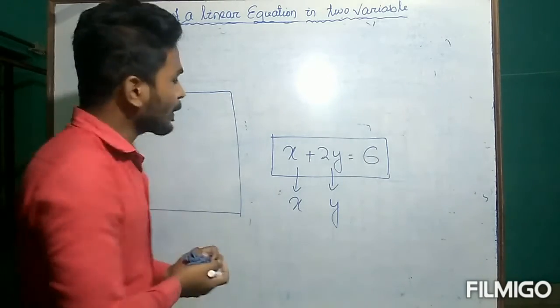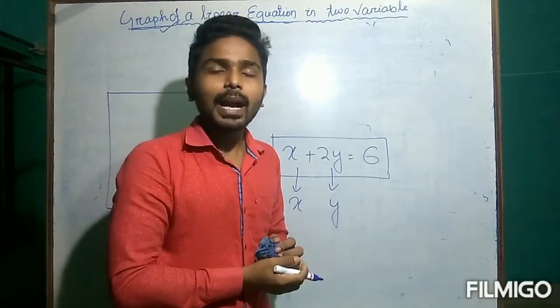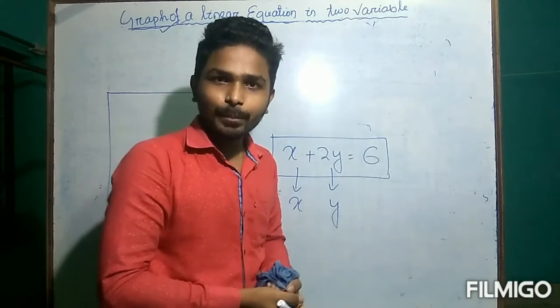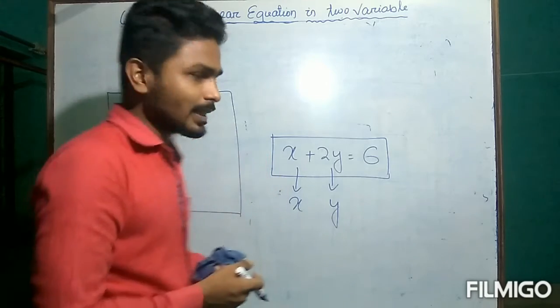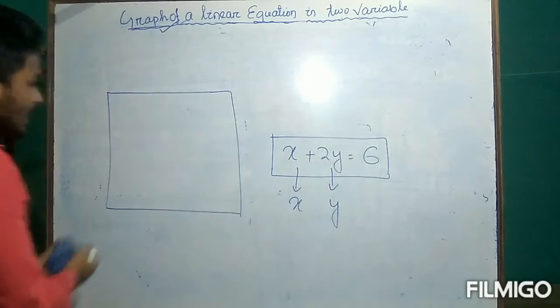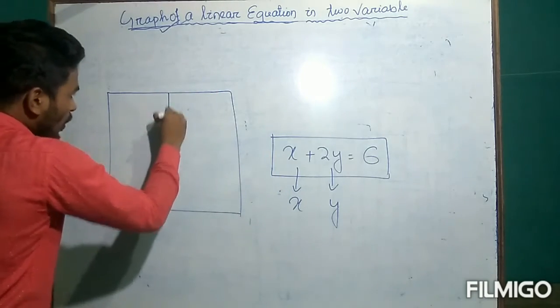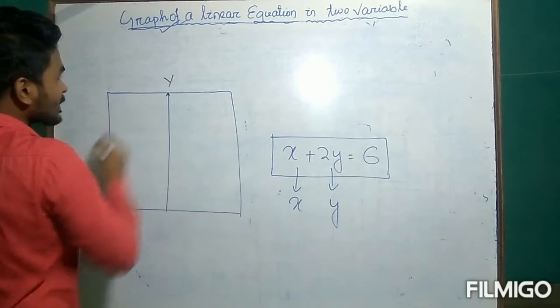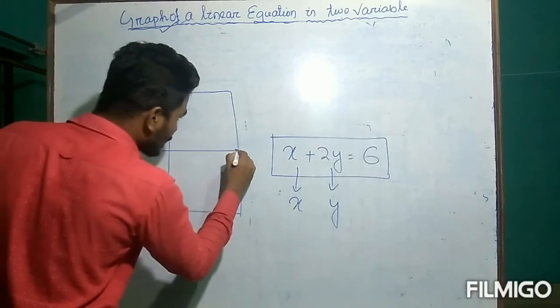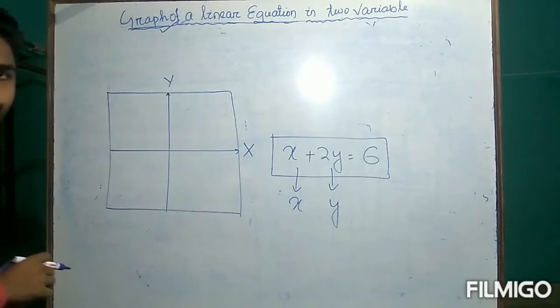Since you have a graph paper, you can easily draw a Cartesian coordinate system on it, as we have already discussed in chapter 3, coordinate geometry. You can draw a vertical line on it, known as the y-axis, and a horizontal line, known as the x-axis.